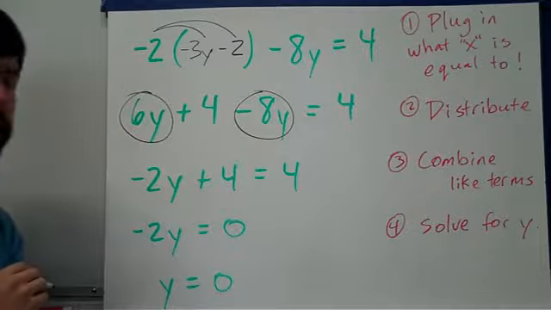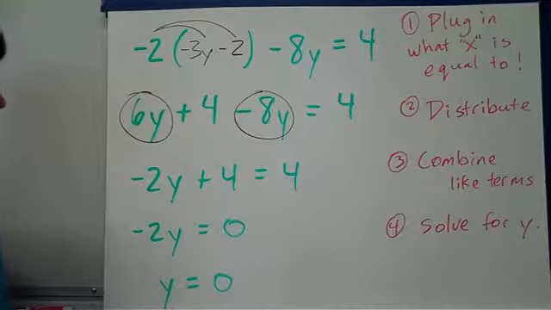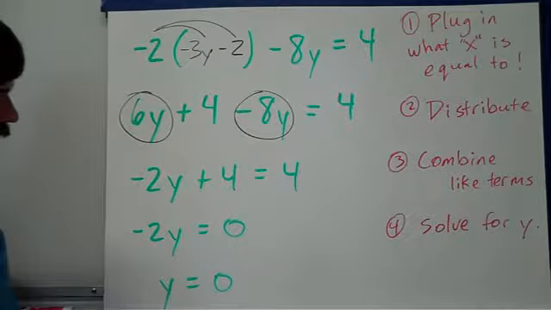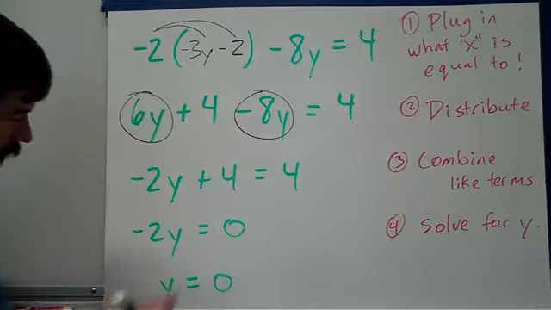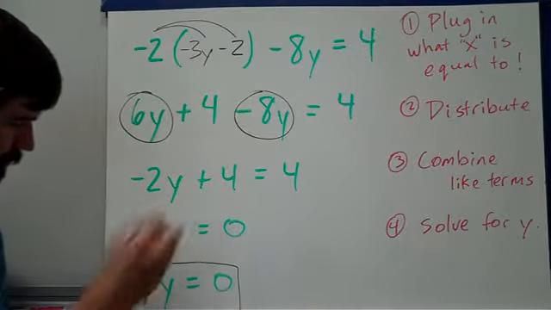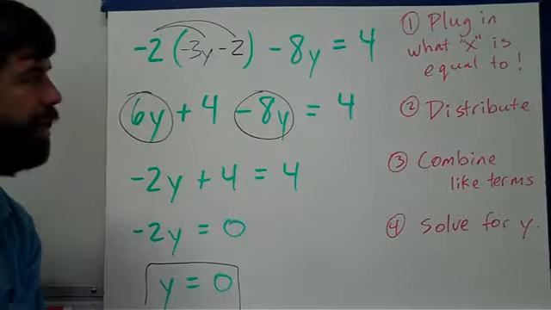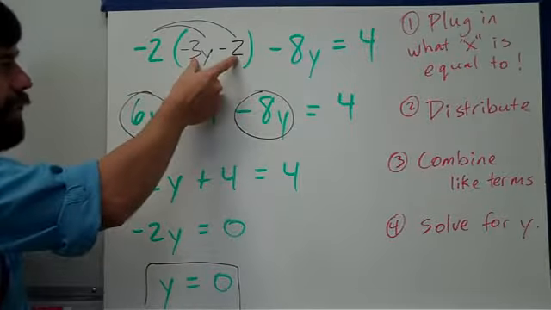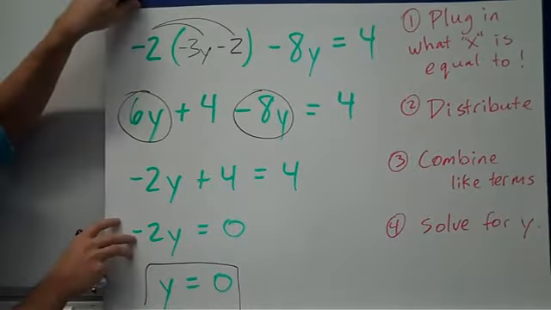That combines to negative 2y. And then I just solve for y. Subtract 4 from both sides, and then divide by negative 2. And I end up with y equals 0. Okay, so now I know what y is equal to. I knew what x was, is this. Now I know that y is equal to 0.